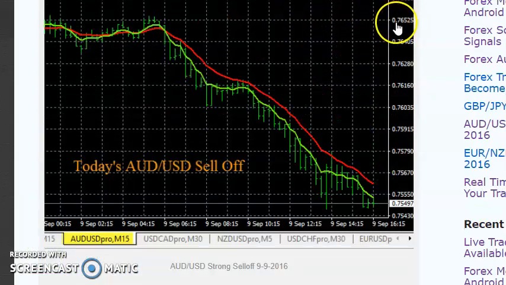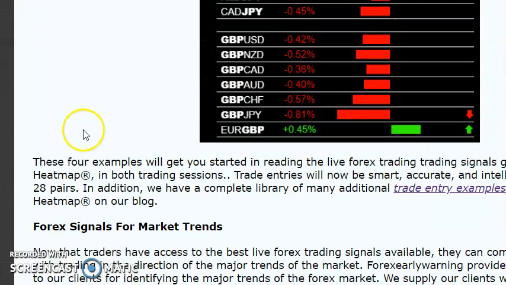This is 76.50 here when it started dropping. Even if you caught this movement here, this is 75.50. So it's 100 pips total if you caught the second wave here. It's about 55, 60 pips right here, and it's still dropping. So these are good movements. This isn't scalping. You can use the system to scalp, but I really wouldn't want to even do that.